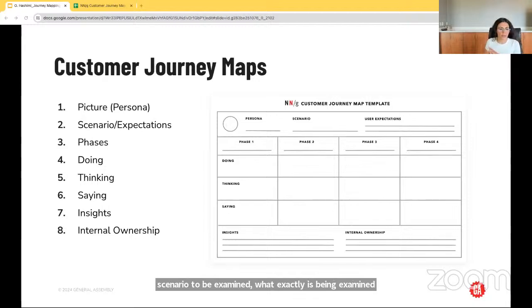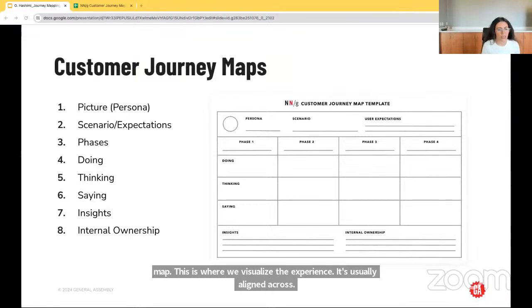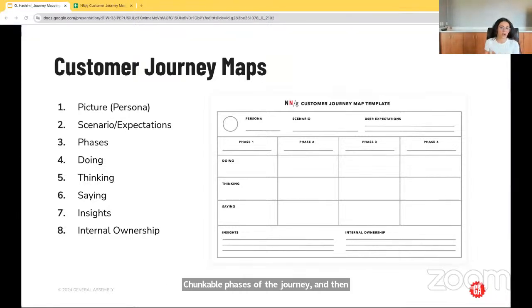And then we have zone B, and this is the heart of the map. This is where we visualize the experience. It's usually aligned across chunkable phases of the journey. And then we have actions, thoughts, and emotional experience.